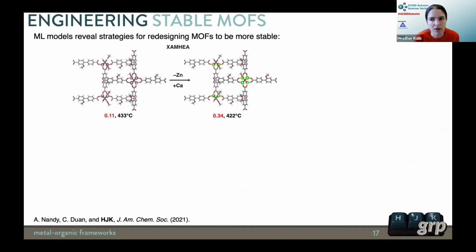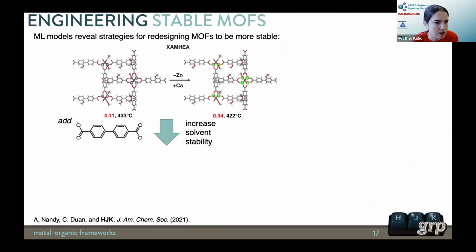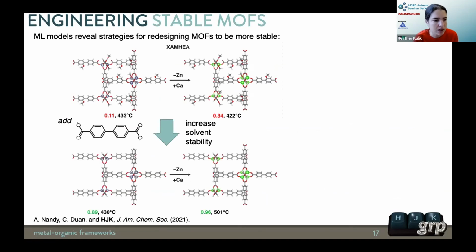So the solvent removal stability is the first score, and 1 means solvent stable. But if instead we focus on linker chemistry and remove this methoxy group sitting on the linker and add one linker that lacks that functional group, we can see that we can increase the solvent removal stability and also increase slightly the thermal stability when we combine that with replacing zinc with calcium.